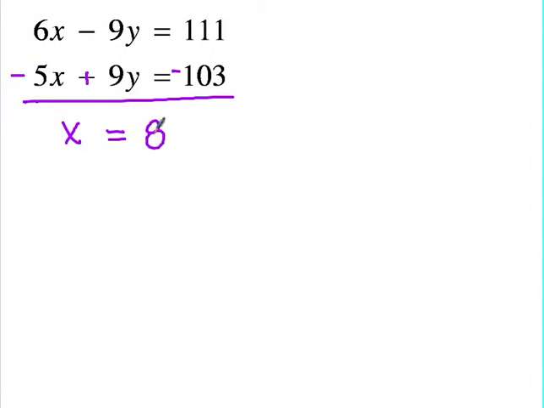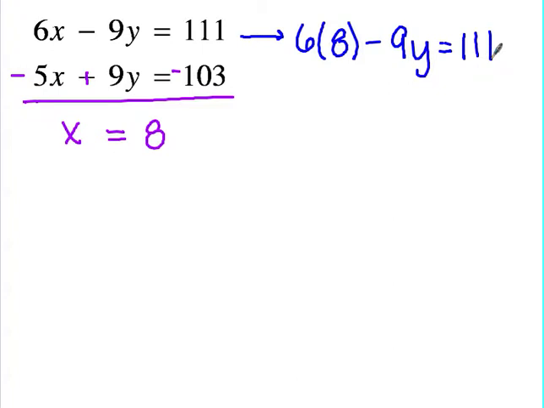Good. So now that's actually my x value. I can plug that in. I don't have to worry about having to divide now. So I can pick an equation. Once again, I could just pick the top equation. Doesn't matter. So I have 6 times 8 minus 9y equals 111.